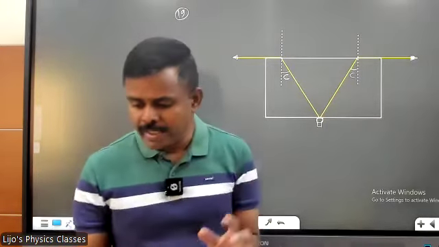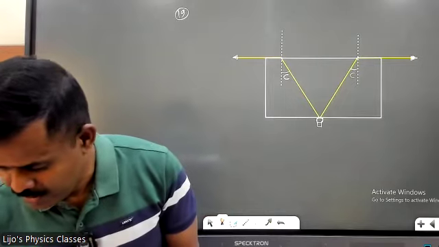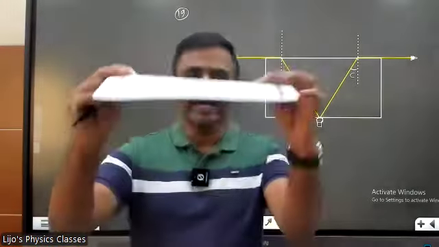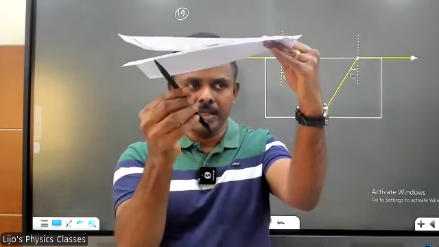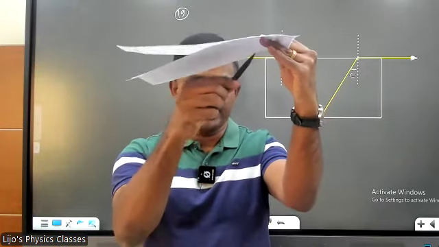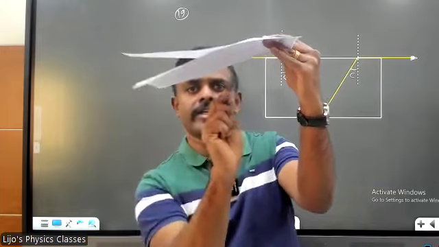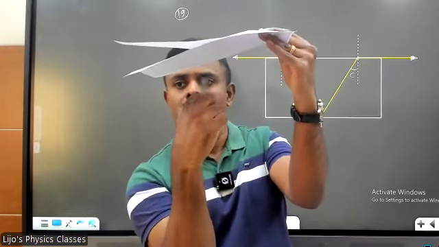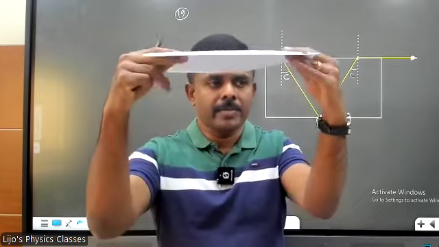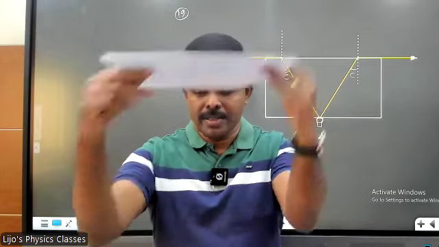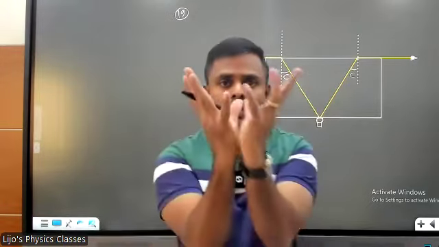But if you take it three-dimensionally, what will you have? This is the glass slab or glass block. Underneath, the ray of light hits at this angle and another one hits at this angle. But if you just swirl it around, you'll have rays going in all directions, right? Look at my fingers.